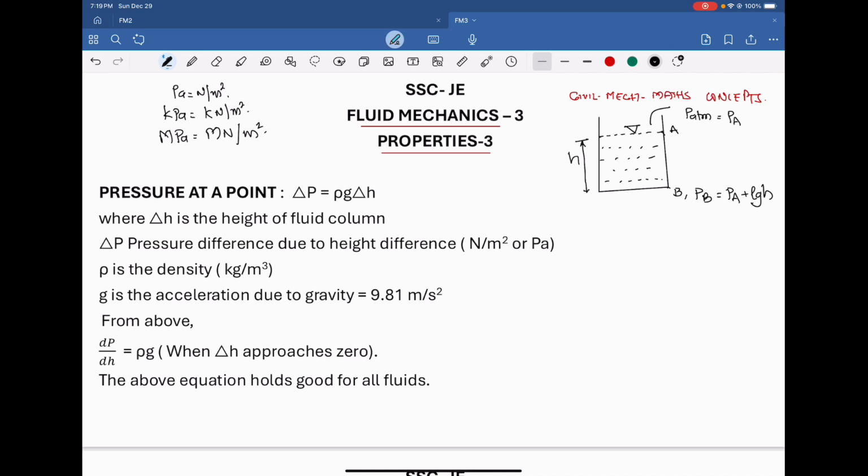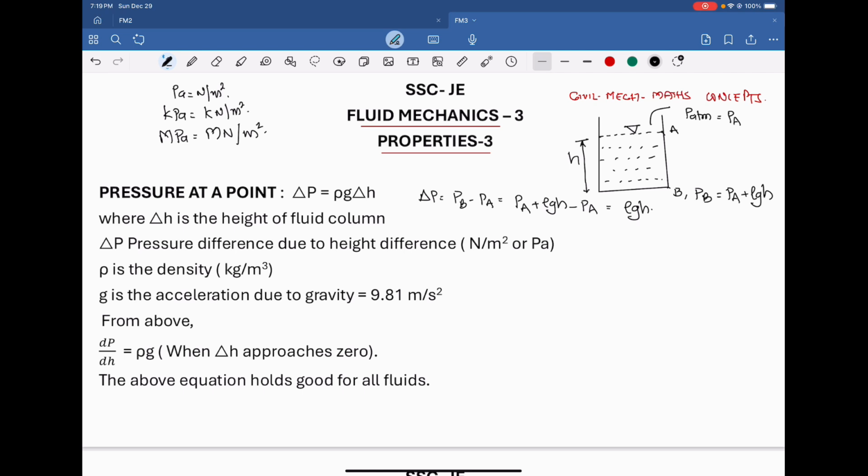Delta P is equal to PB minus PA, that is equal to PA plus rho gh minus PA. PA is nothing but P atmosphere, so that is equal to rho gh.